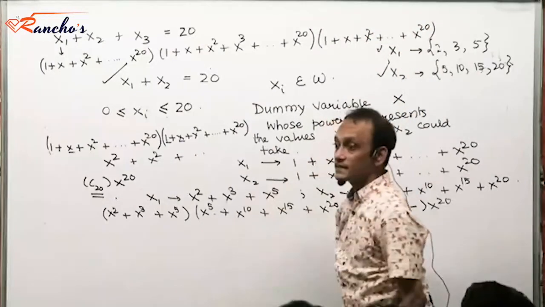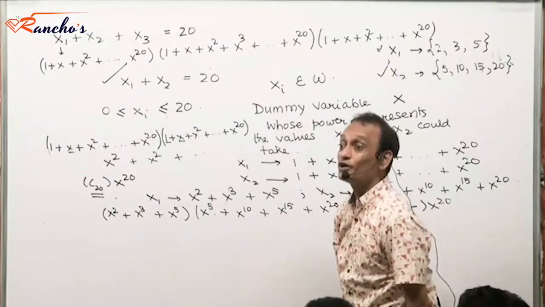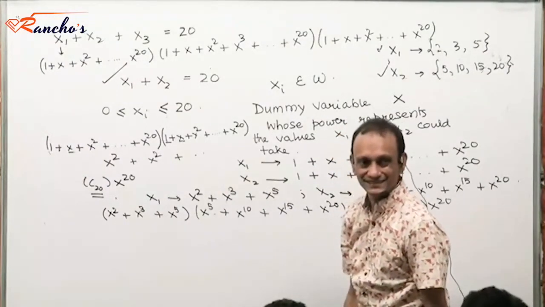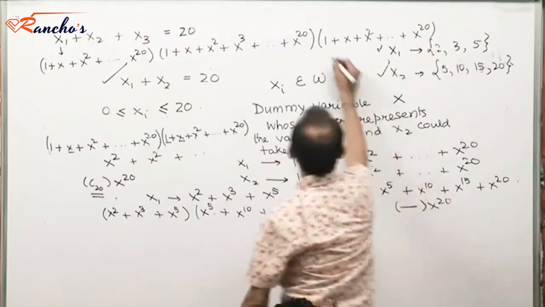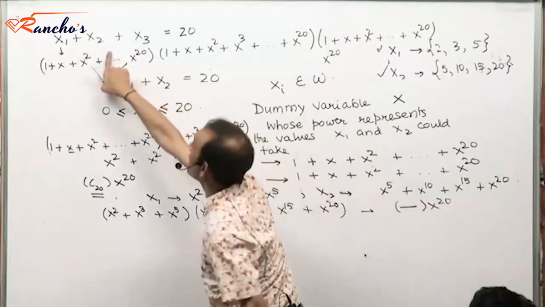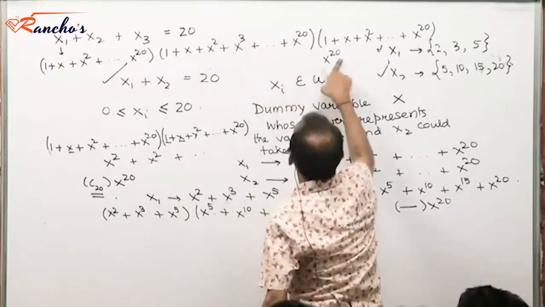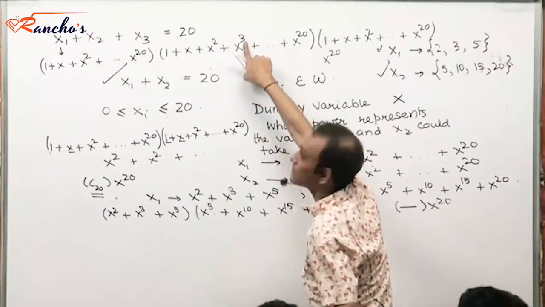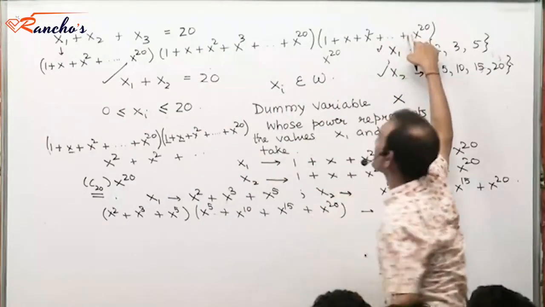That means I'm seeking the coefficient of x power 20 in this multiplication. Every time an x power 20 comes, it takes some power of x which represents x1, some power of x which represents x2, and some power which represents x3.